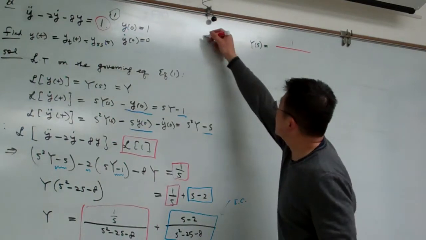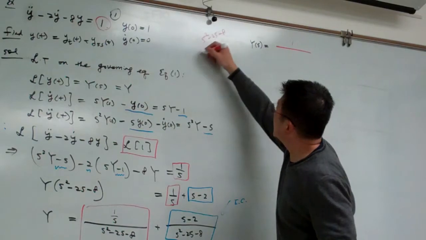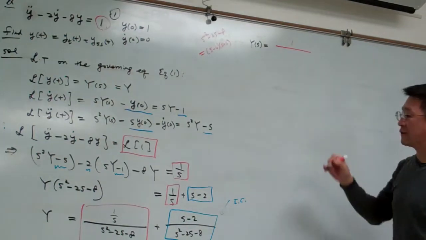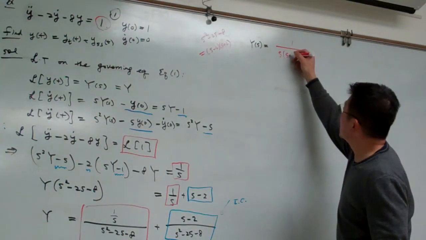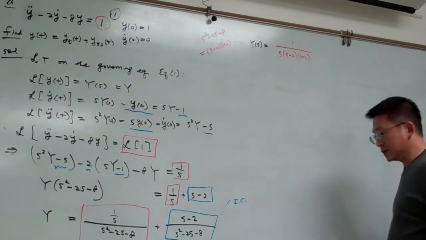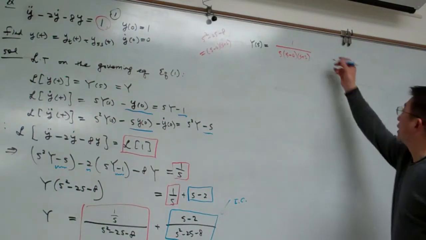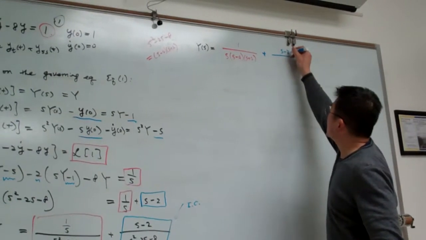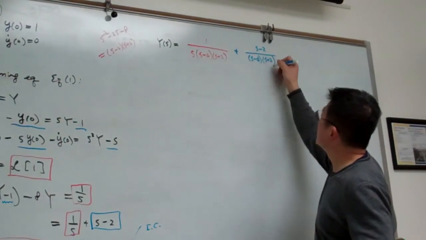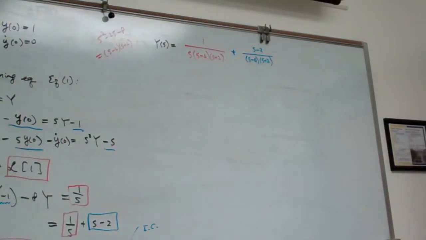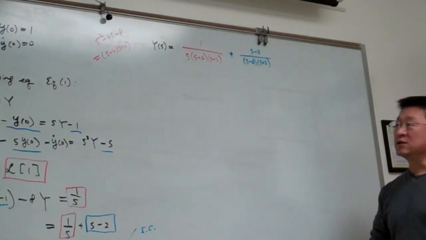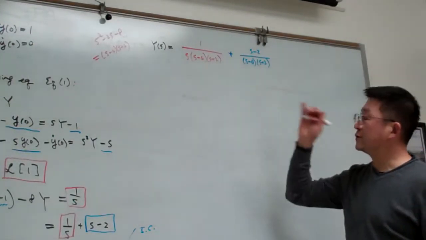We know that s squared minus 2s minus 8 can be factorized as s minus 4 and s plus 2. Okay, I utilize this factorization. So this is s, I have s minus 4 and s plus 2. And let me use the two different numerators. And plus, this is s minus 2 over s minus 4 and s plus 2. Okay, so let me distinguish the terms. In a similar way, we can solve for those terms individually.